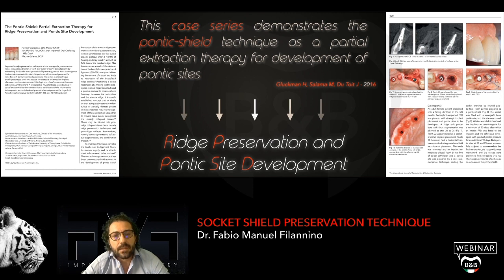They had some cases using a membrane. They had some cases using connective tissue graft, like with the socket seal technique, but the best behavior was from the connective tissue graft Zucchelli's style, with a half thickness flap into the buccal and the vestibular area to close the Pontic area perfectly.